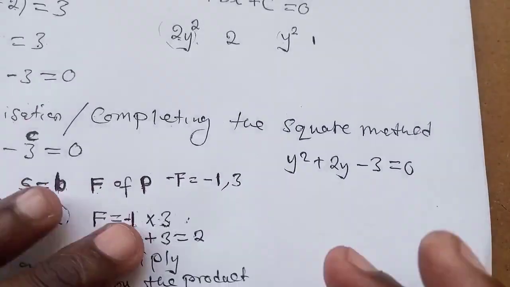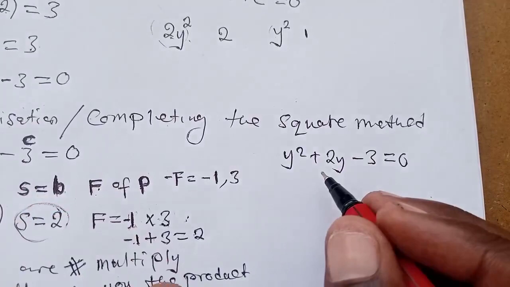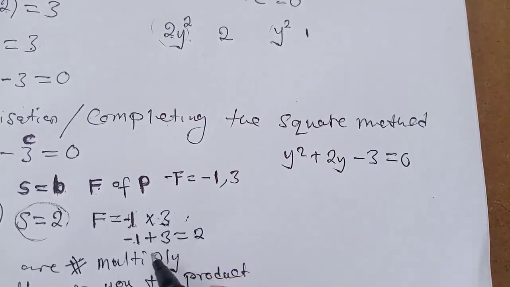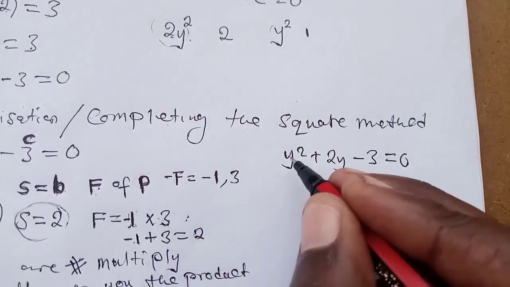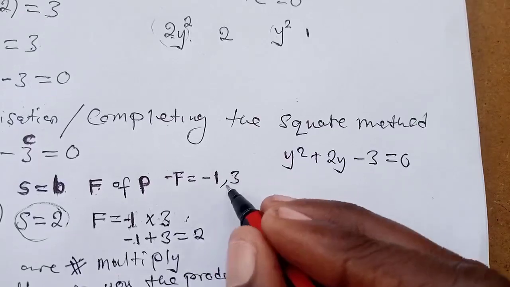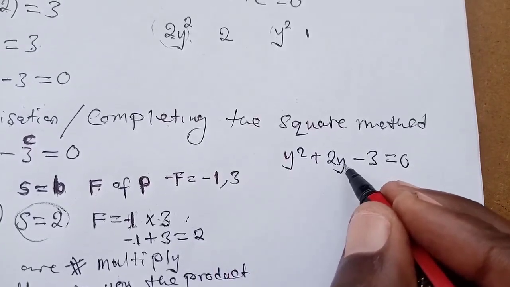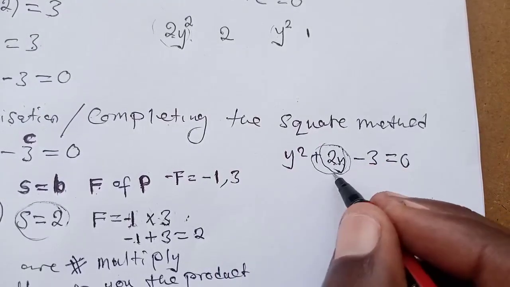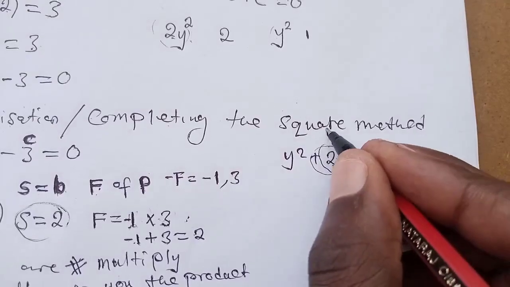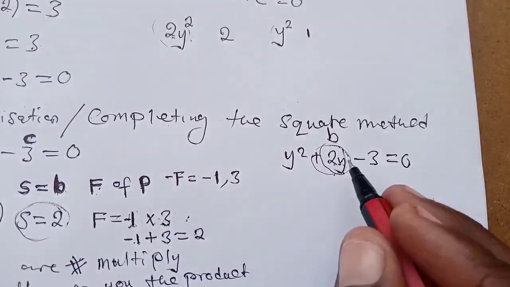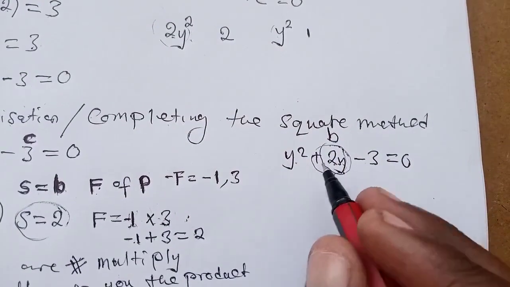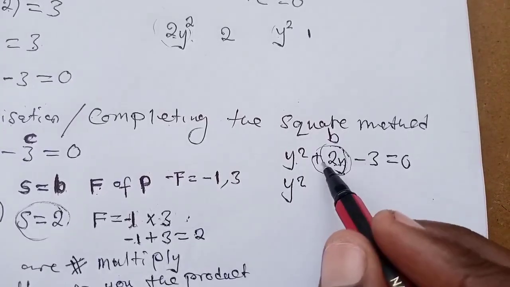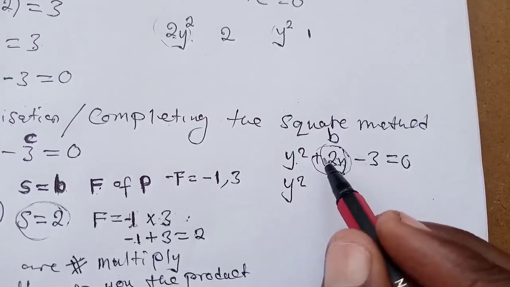Okay, so here we are going to get these factors and put them here, where these factors will replace 2y. You remove this, this is the b. The factors will replace b, but the y squared will stay.